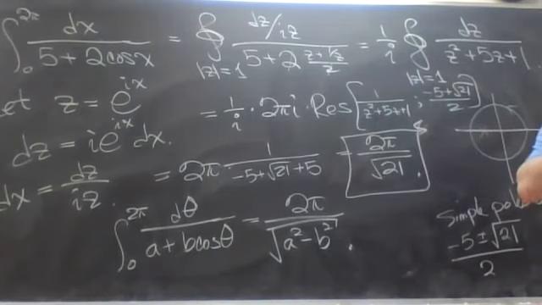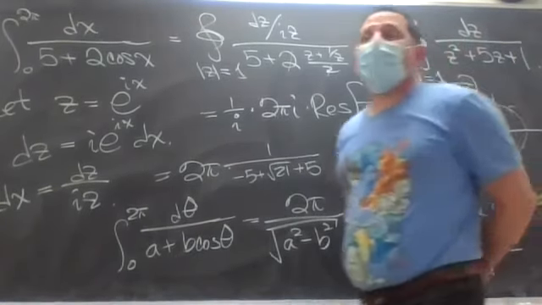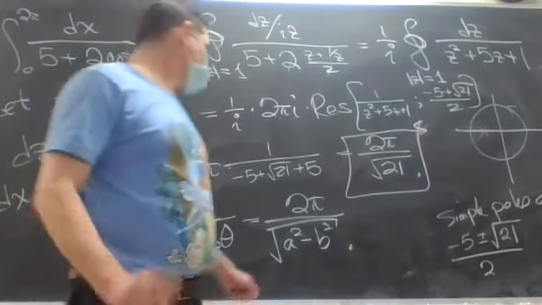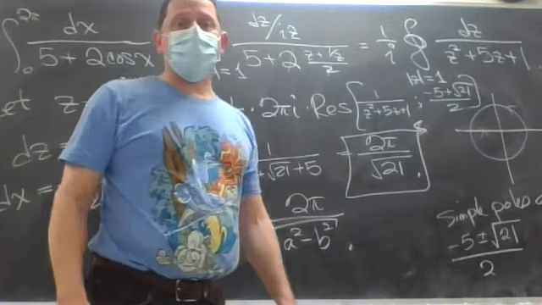More generally, we can use this process to do an integral from 0 to 2 pi of any rational function of sine and or cosine. All right.